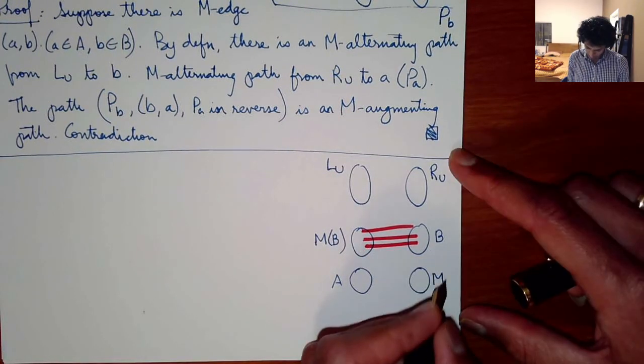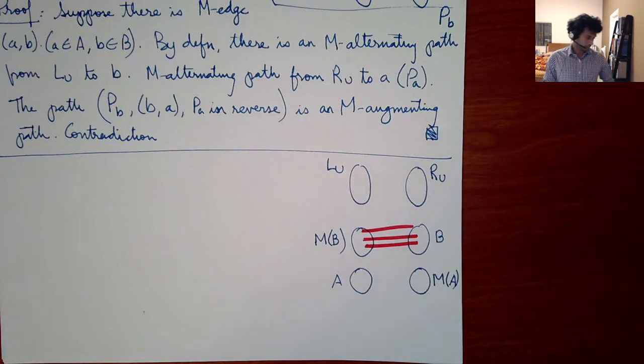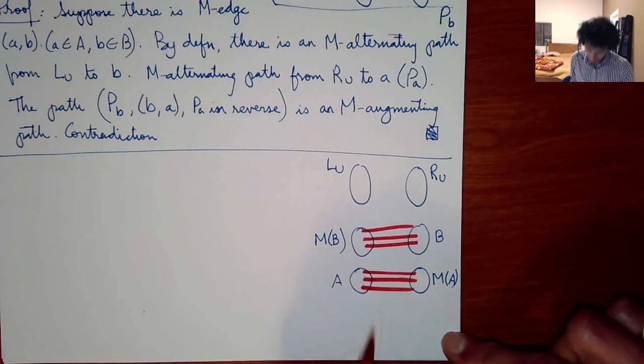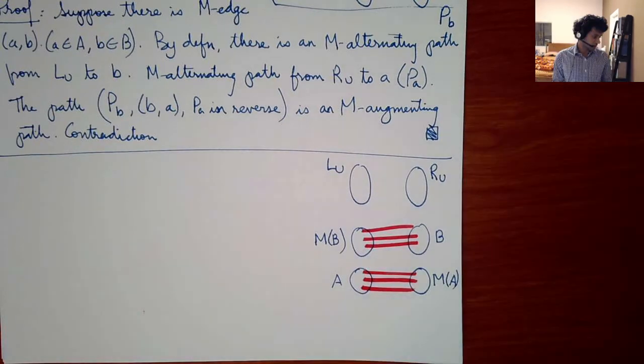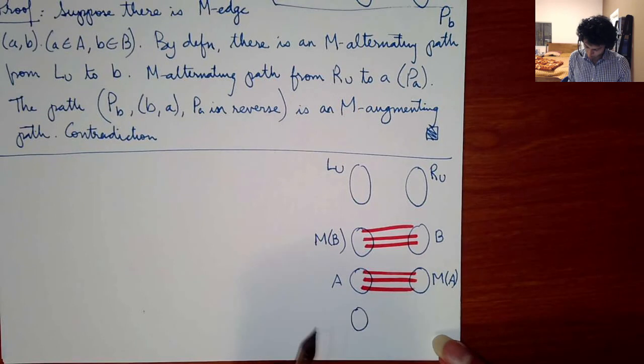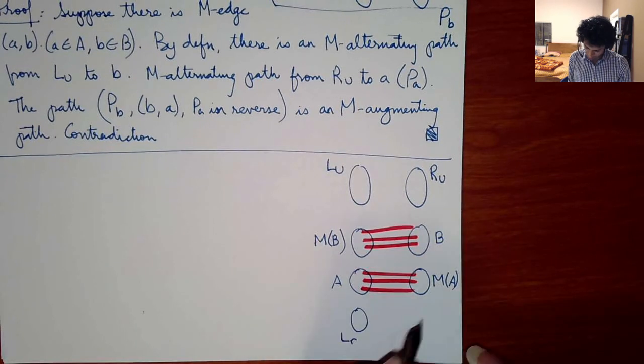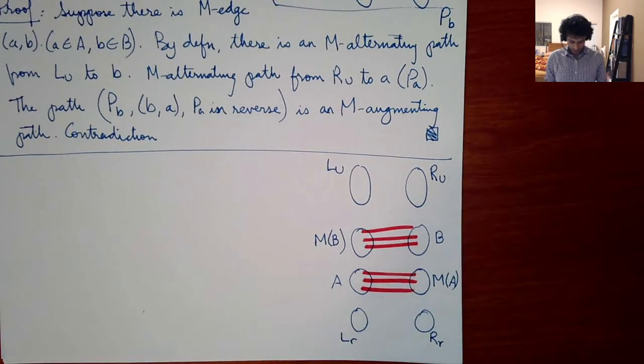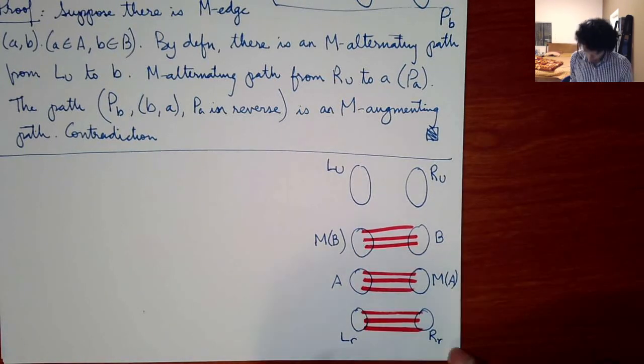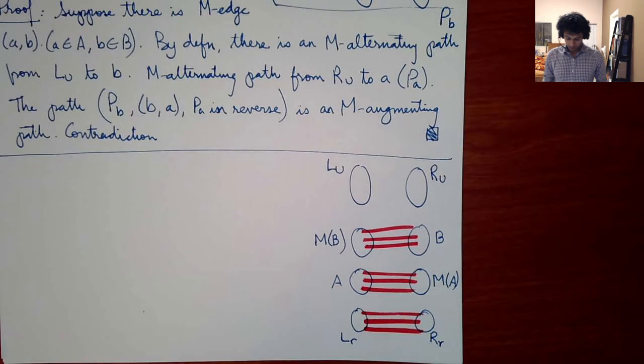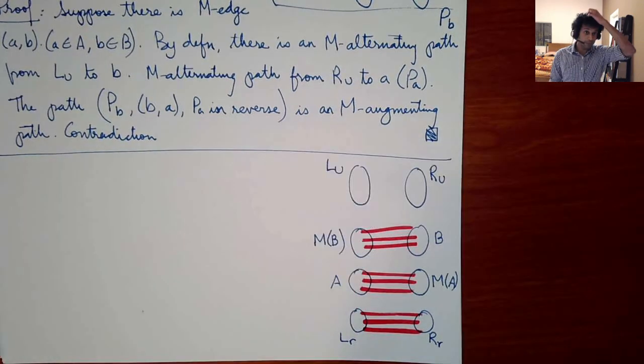This is M of A. And then you've got a bunch of things that are remaining, which I will refer to as L remaining and R remaining, and again there's a matching between these. There are all kinds of edges going in between these sets.